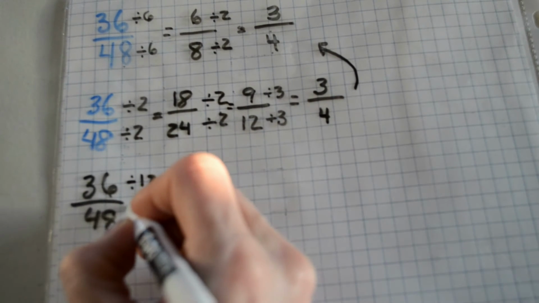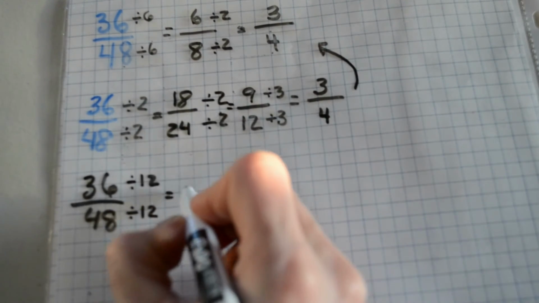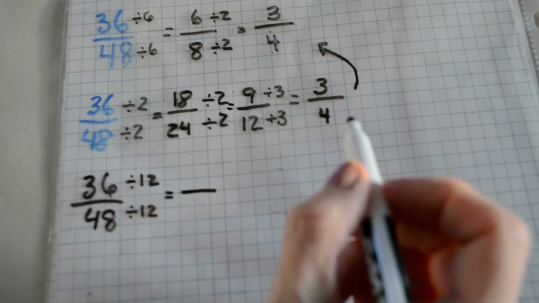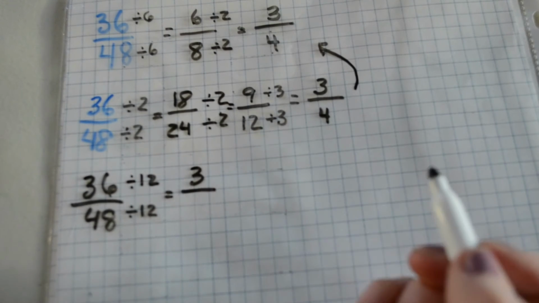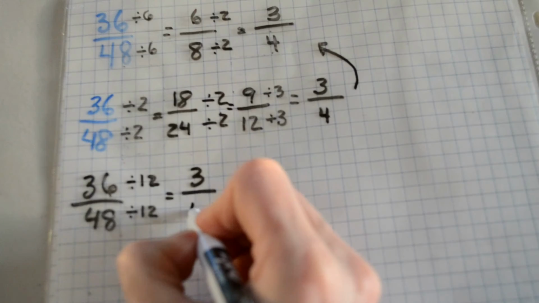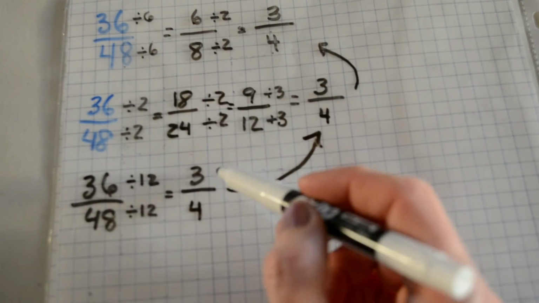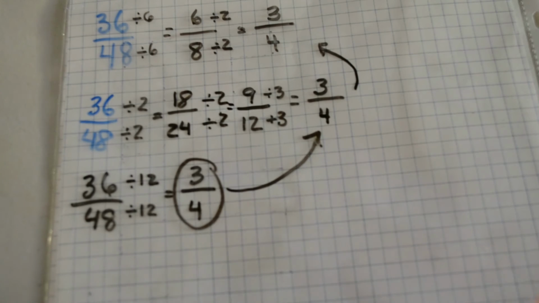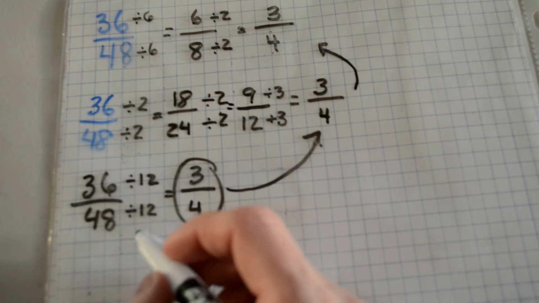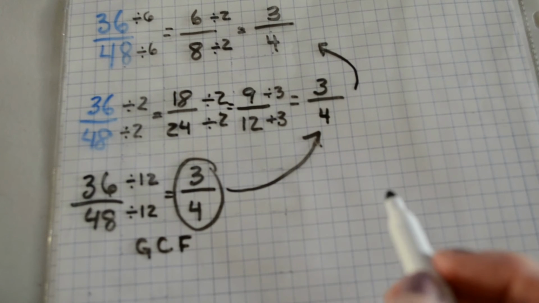So if you decided to go straight to the 12s, then what times 12 is 36? 3. What times 12 is 48? 4. And you're already at that same number. You're already at the smallest possible equivalent fraction. You can do it this way with finding the greatest common factor, the GCF.